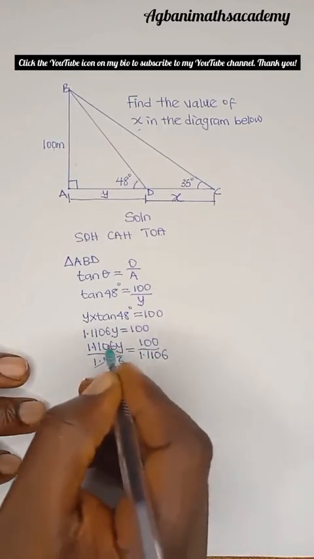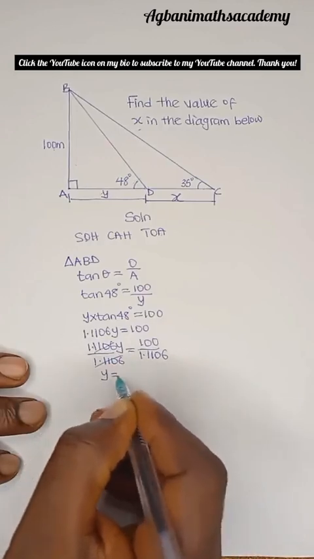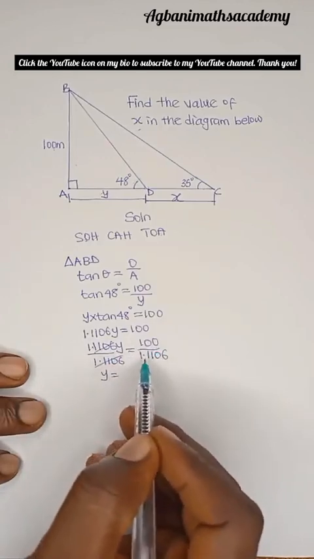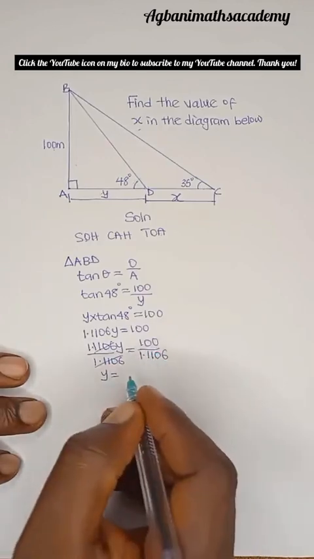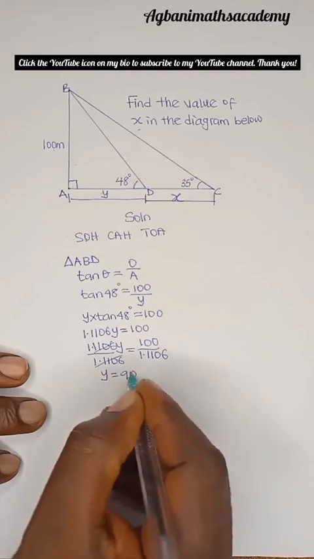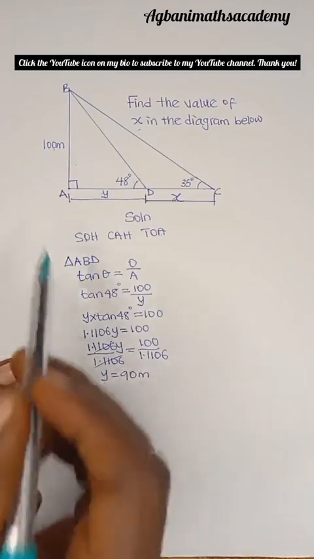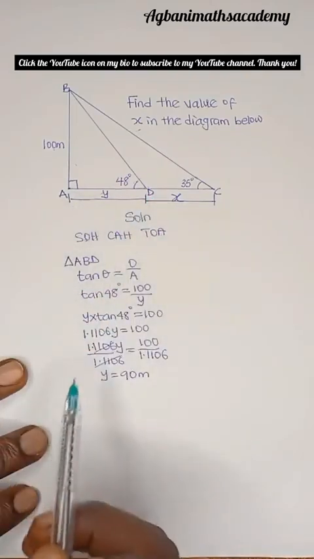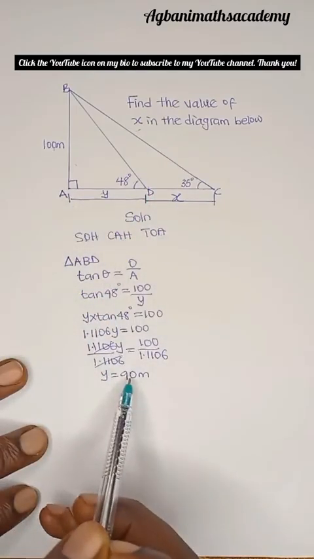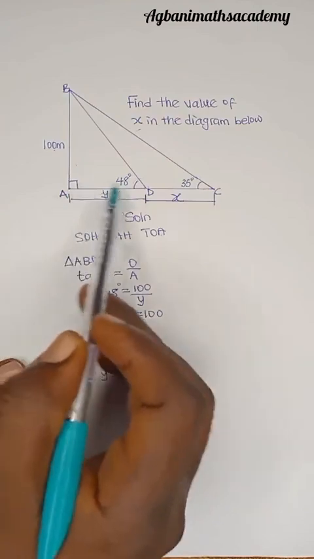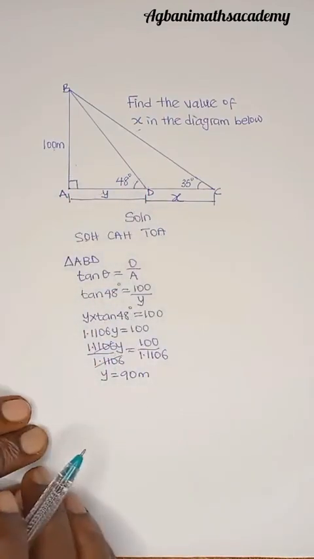So this is going to cancel out this. So we have y is equal to 100 divided by 1.1106, which is going to give us 90 meters. So we have calculated y, which is the distance from A to D. We have calculated it to be 90 meters. This means we now know the distance from here to this point to be 90 meters.